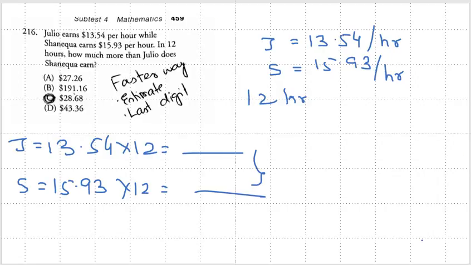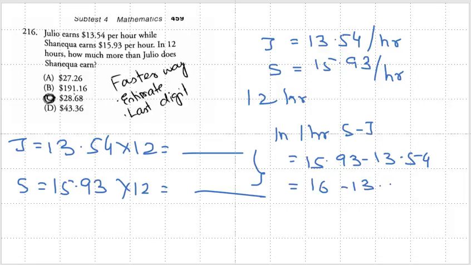Fast way means that you simply say, in 1 hour, Shanika minus Julio, which is how much more Shanika earns than Julio, is 15.93 minus 13.54. Let's round it out. Let's call this 16. Let's call this 13.5, approximately $1.5 more.